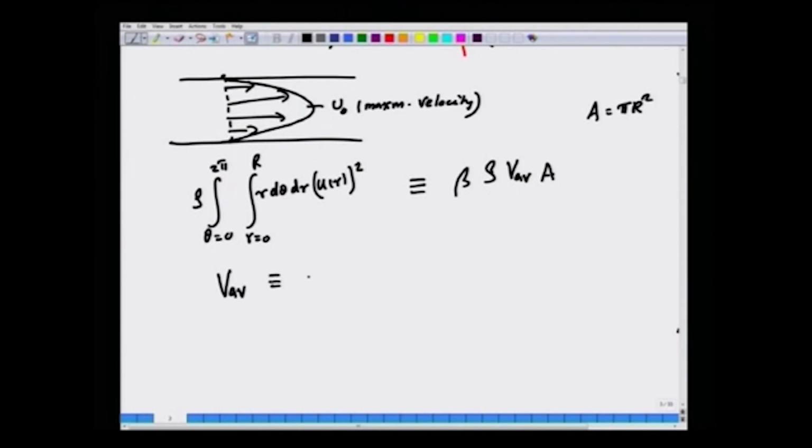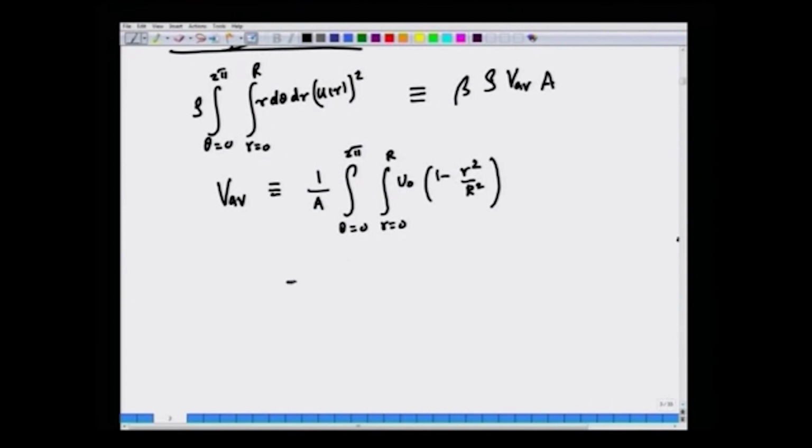V average is nothing but 1 over A integral theta from 0 to 2 pi, r from 0 to R, u naught times 1 minus r squared by capital R squared, and of course, you have r dr d theta.